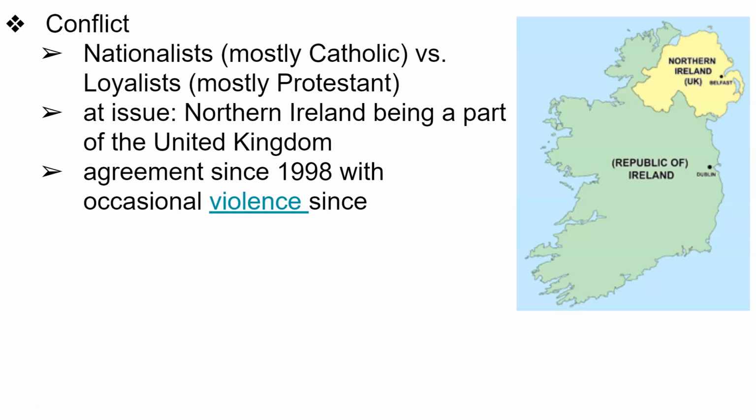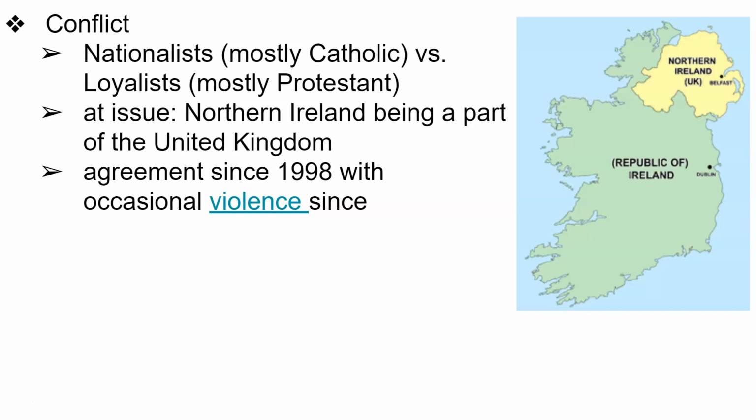So the nationalists are mostly Catholic and typically were wanting Northern Ireland to remain as part of the Republic of Ireland as opposed to staying in the UK. And then the loyalists were mostly Protestant. So yes, there's definitely a religious component here, and they wanted, of course, to stay in the UK. So the issue, of course, was whether Northern Ireland should be a part of the United Kingdom.